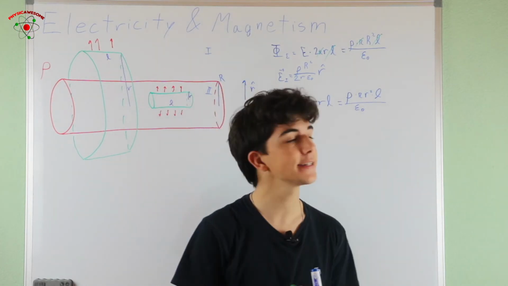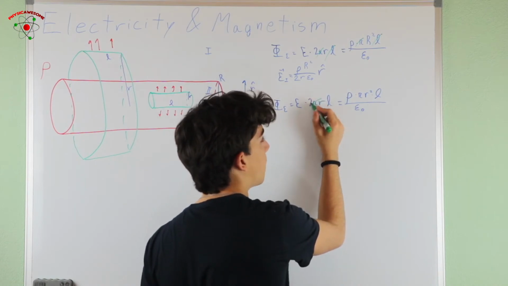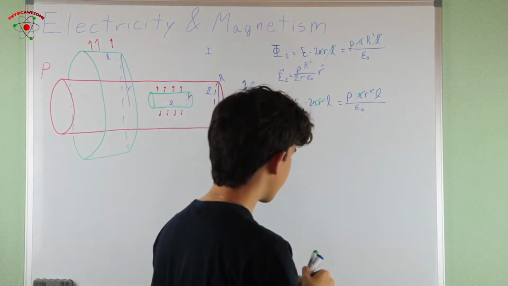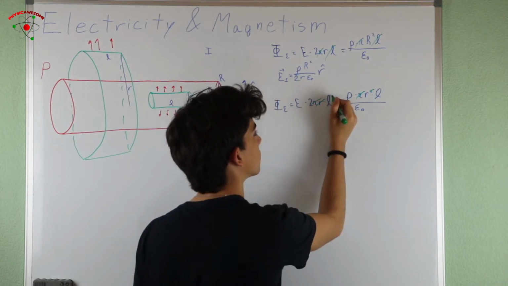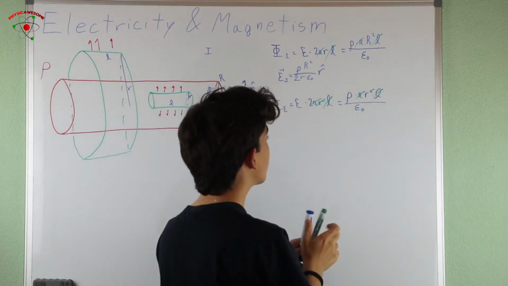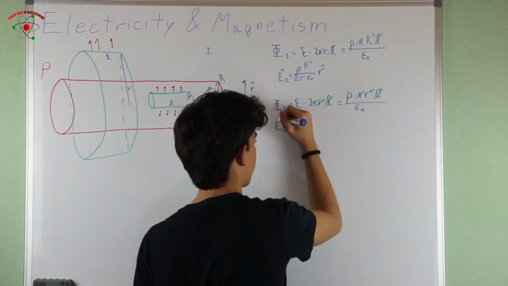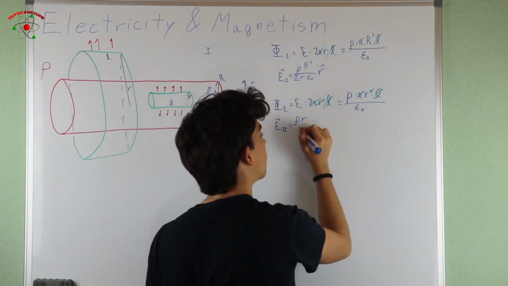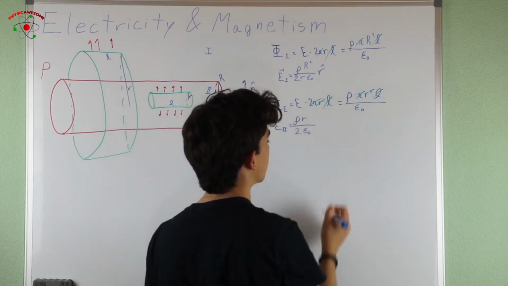In this case, we're going to have a little bit more of cancellations. The pi and the r are going to go, and the L also cancels, and we end up with E in the second region equals rho r over 2 epsilon naught.